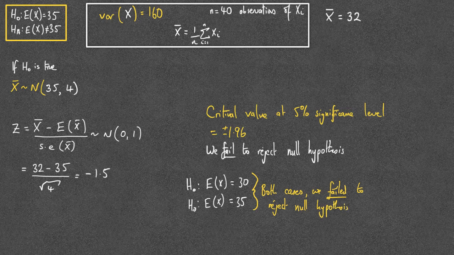So this raises the question, what other null hypotheses would we fail to reject based on this data? Now, in order to answer that, we need to introduce a new concept called the confidence interval.